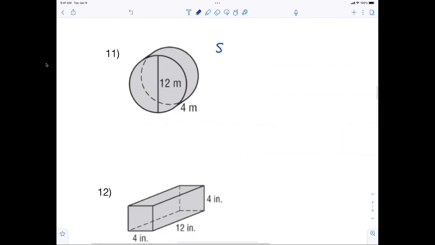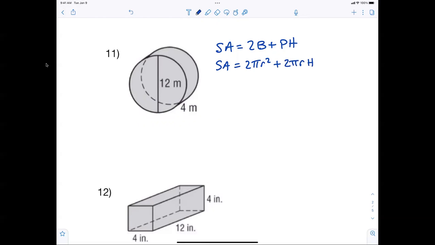What can we do here, guys? 2B plus perimeter times the height. Exactly correct. And in this case, the base is a what? So we're going to write 2 what? Plus, what's the perimeter? 2 pi r times h.